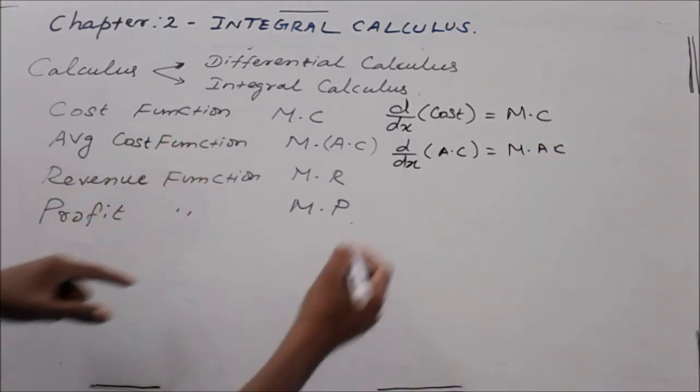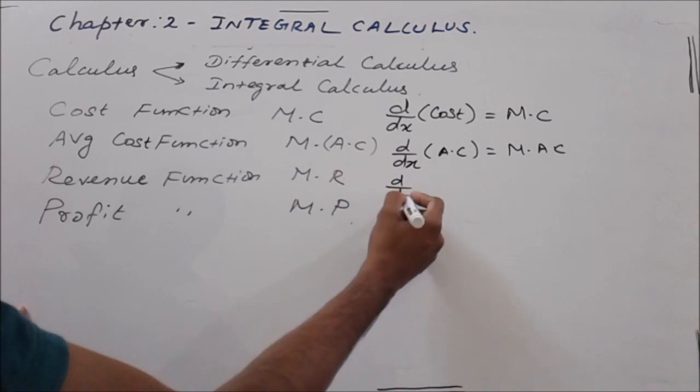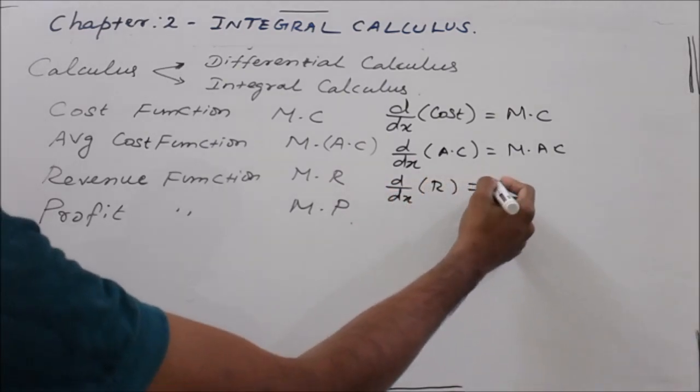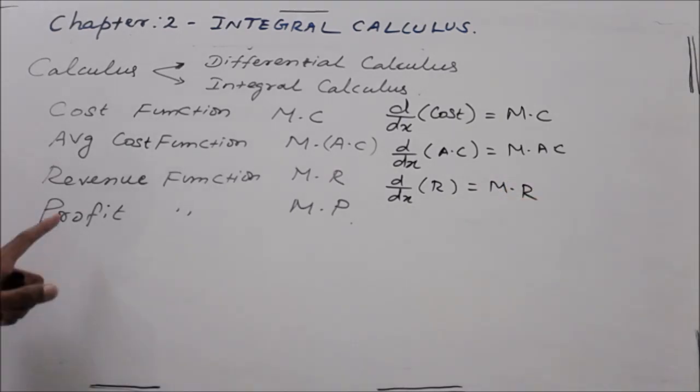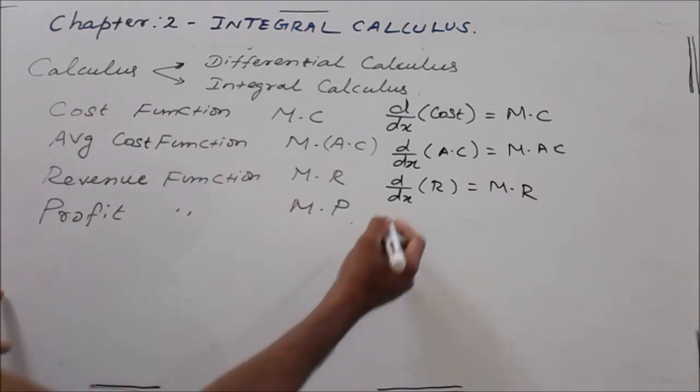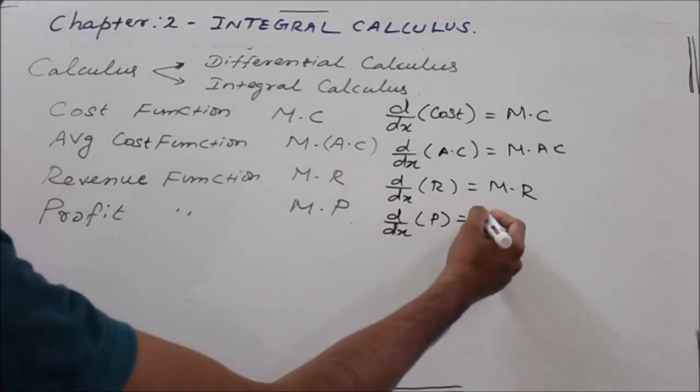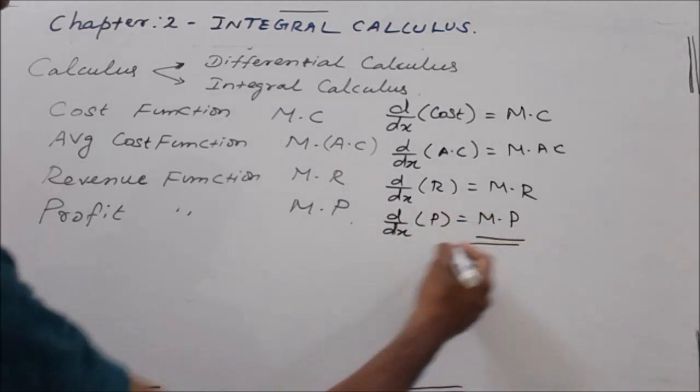Revenue function to marginal revenue: to find marginal revenue, differentiate the revenue function, then we will get a marginal revenue function. Then profit to marginal profit: d by dx of profit function yields a marginal profit function.